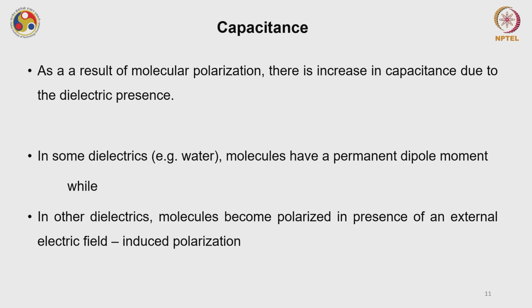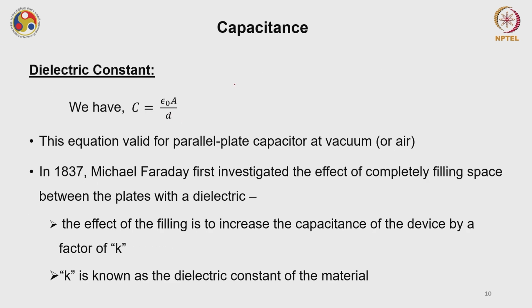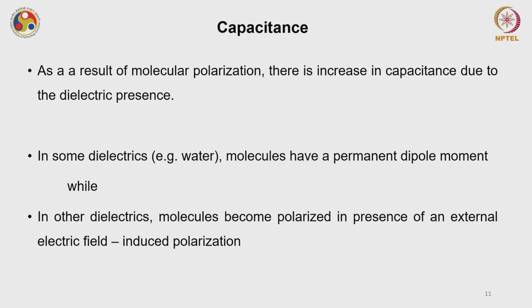So if you want to use another material in place of air, you have to use a permittivity value of epsilon R, or just multiply epsilon naught with K. So K into epsilon naught is actually your epsilon R. As a result of molecular polarization, there is an increase in capacitance due to the dielectric presence.